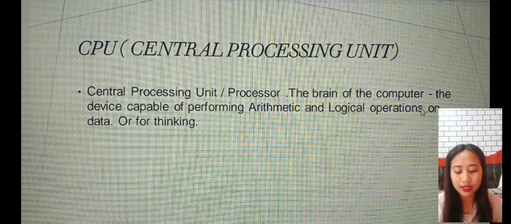The third one is CPU or Central Processing Unit. It is the main component of a computer that executes instructions and performs calculations. It is sometimes referred to as the brain of the computer.